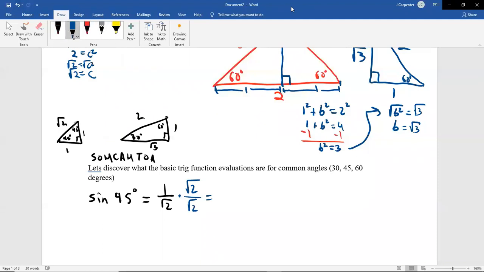So 1 times square root of 2 in the top is square root of 2. In the bottom, square root of 2 times square root of 2 is square root of 4. But the square root of 4 is 2. That's why we did this. We need this bottom to be a non-radical. It has to be a whole number. So the sine of 45 degrees is the square root of 2 over 2.